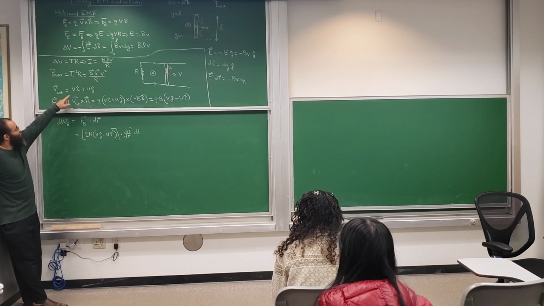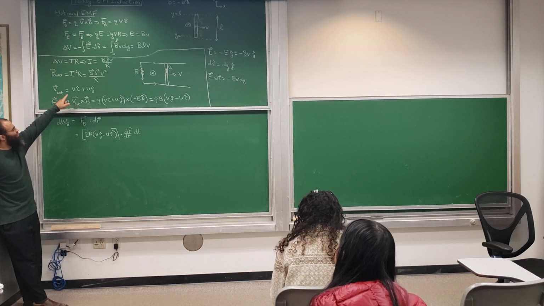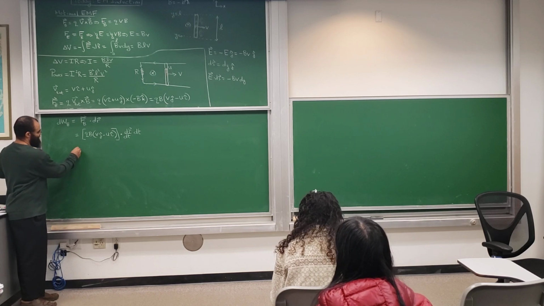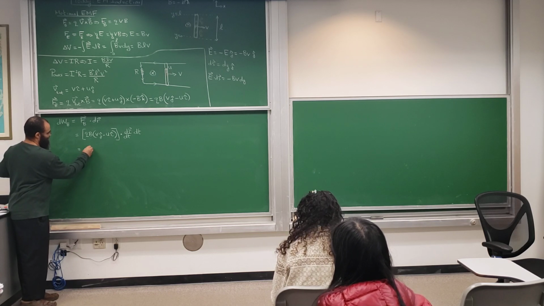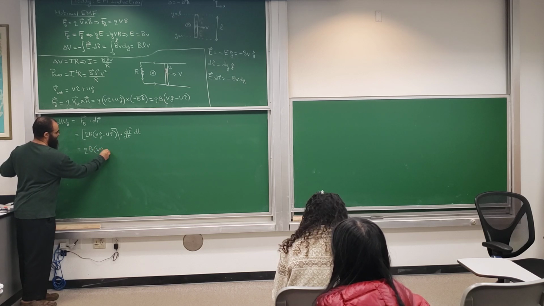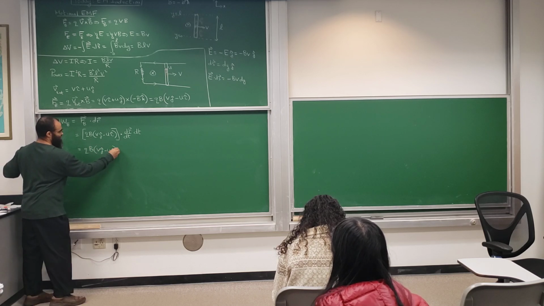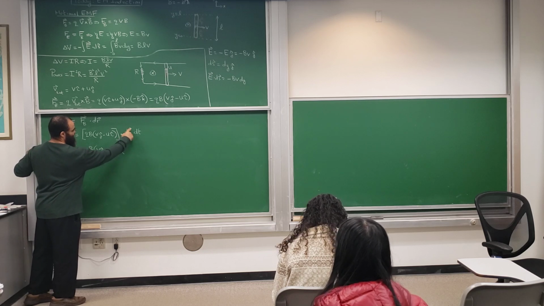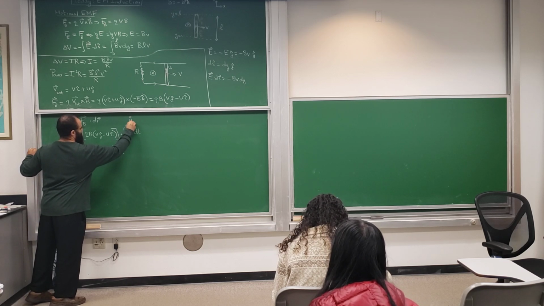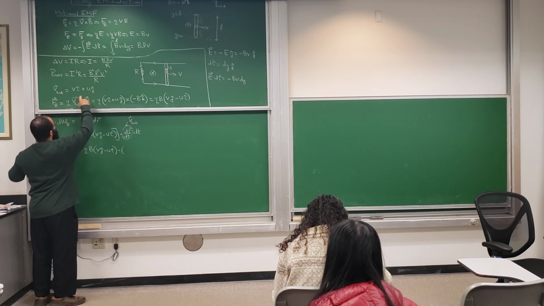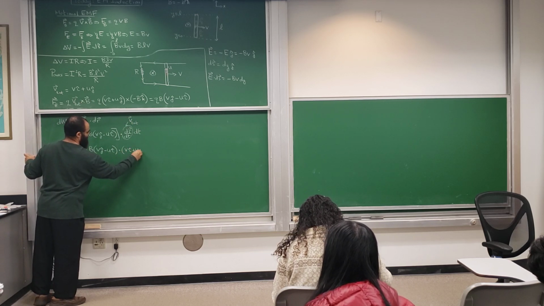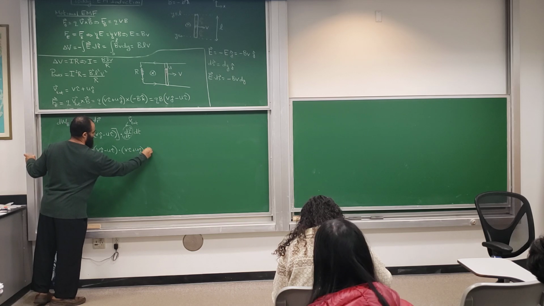Yes, it's the total: v i hat plus u j hat. So Q B (v j hat minus u i hat) dotted with dr/dt, which is (v i hat plus u j hat) dt.